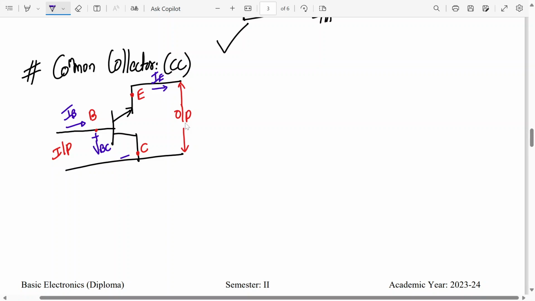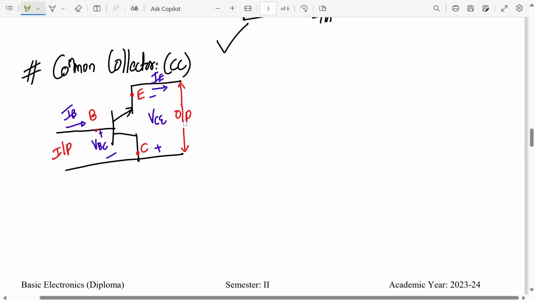VCE. Yes, we can say VCE here, showing positive to negative like this. Actually instead of VBE, we have to write VBC like this. I know base terminal has to be at a higher potential, but we can show the input as VCB, positive here. It's okay. We can show it as VBC also. No problem at all.